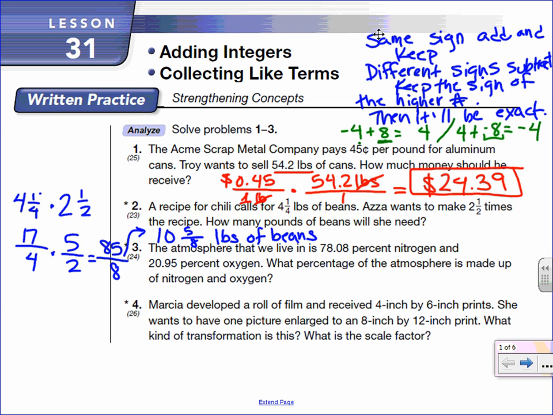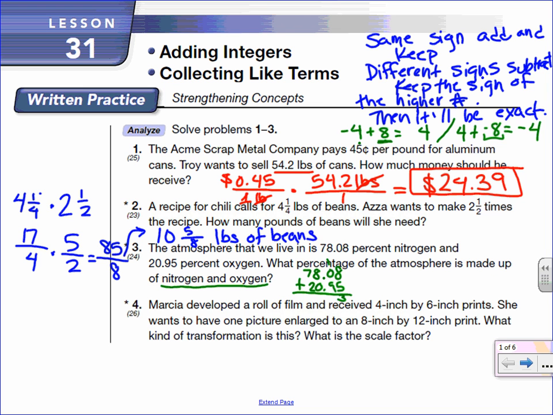The atmosphere that we live in is 78.08% nitrogen and 20.95% oxygen. What percentage of the atmosphere is made up of nitrogen and oxygen? So we want to know together what percent of the atmosphere the two make up. So we're going to add them. So we have 78.08 plus, line the decimal point up, 20.95. 8 plus 5 is 13.